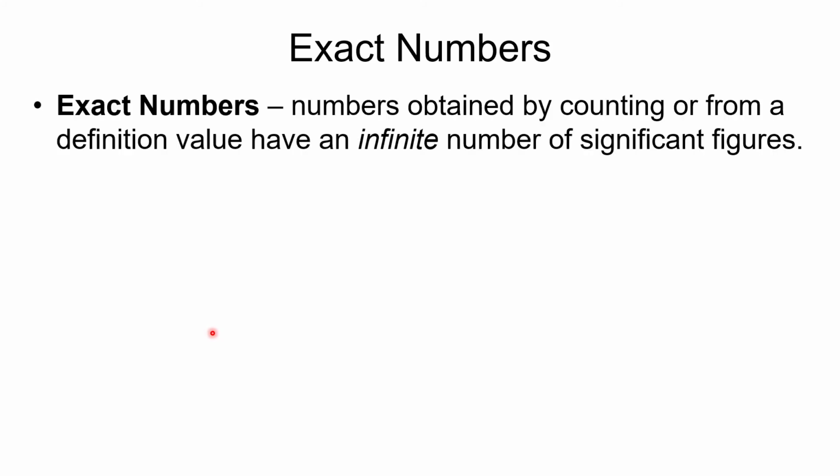All right. Exact numbers are things that we get from either a definition value or by counting. We're going to say that these things have an infinite number of significant figures. We don't have any uncertainty.